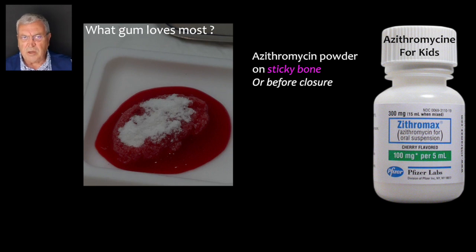They have azithromycin for kids, and it's a bottle of powder for suspension. And then you will use a little bit of powder. Please ask your assistant to systematically put a bit of powder on the table in order not to forget to use it at the end of the surgery.